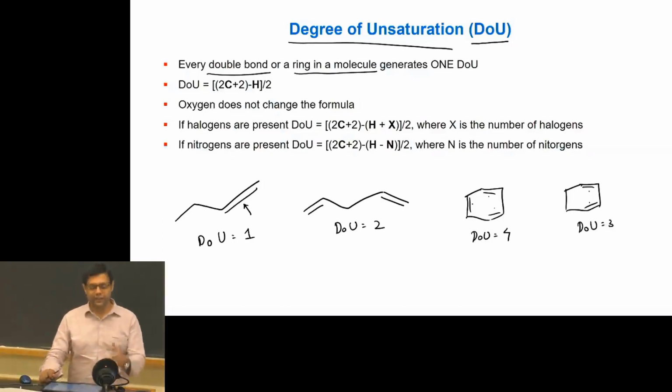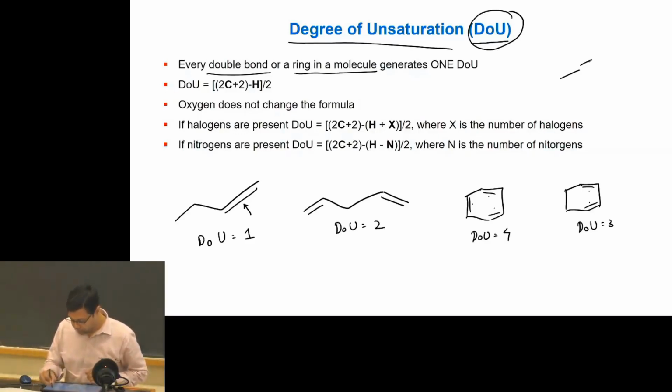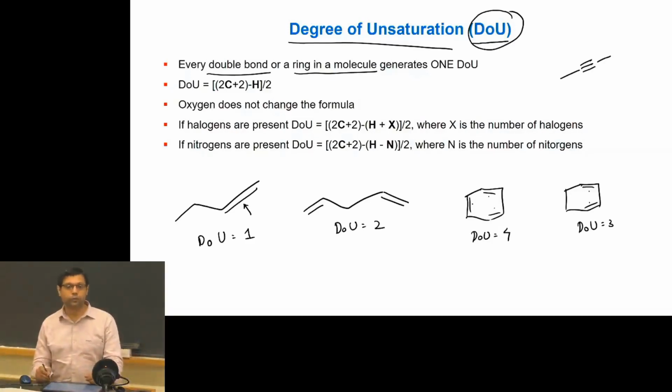So as you can see, just by looking at the structure of the molecule, you can figure out degree of unsaturation. Count the total number of pi bonds and rings, and that will be the degree of unsaturation for that molecule. Let's take one last example. What's the degree of unsaturation for that molecule?